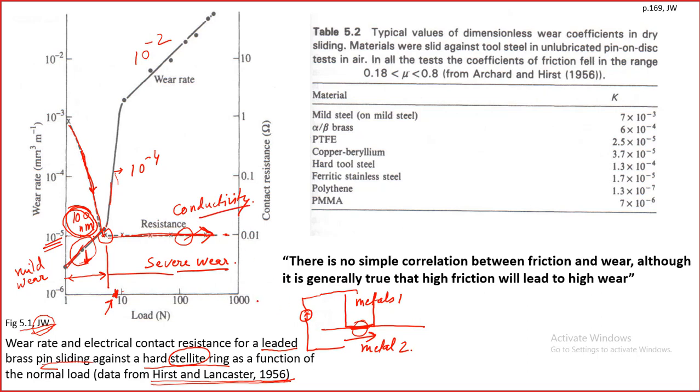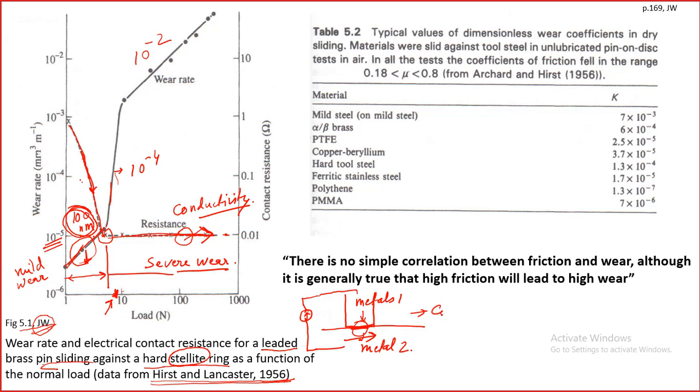So that means when it was in the mild wear regime here, resistance was very high. That means the electricity was not passing through here, which also means that they were not in contact, right?